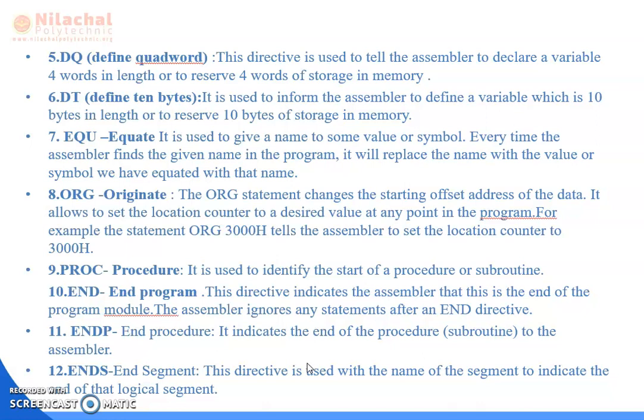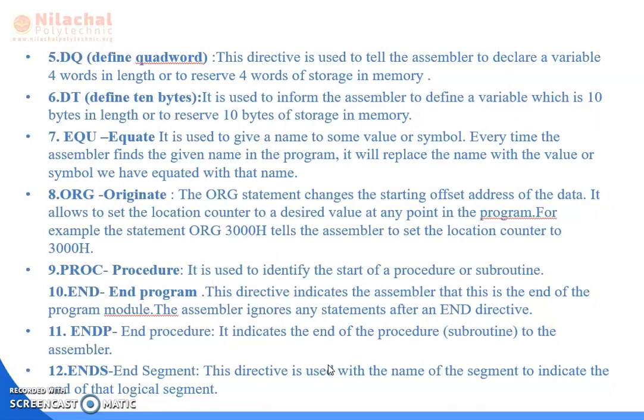Then number 9 is PROC, that is procedure. It is used to identify the start of a procedure or subroutine. Then END means this directive indicates to the assembler the end of the program module. The assembler ignores any statements after an END directive.